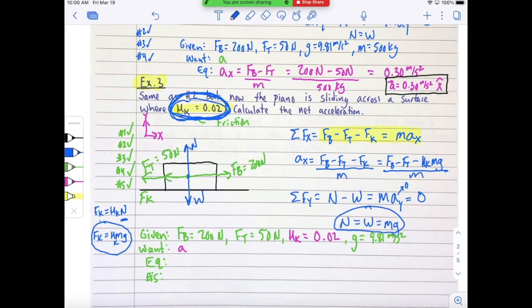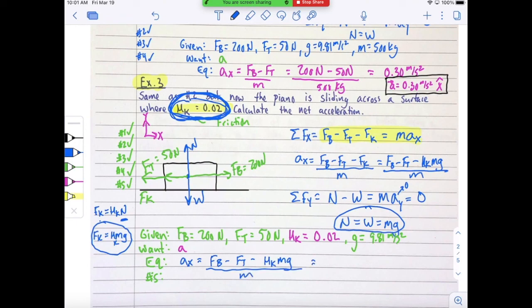So for our equation that we're going to write down, we're going to say A sub x is equal to force of Bill minus the force of Ted minus the coefficient of kinetic friction times m times g all over m.